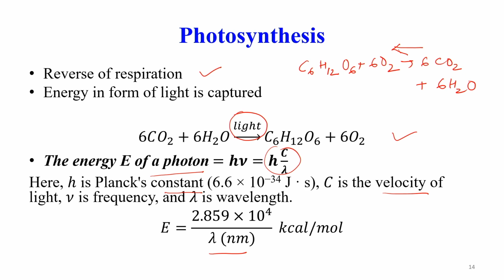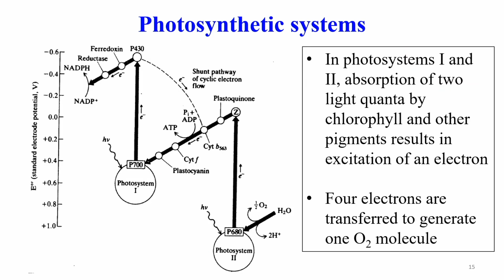Now, in photosynthesis, as I told, it requires energy. So, let us see how much energy it requires. If you remember the photosynthesis system, it has photosystem 1 and photosystem 2, and in both, absorption of 2 light quanta by chlorophyll and other pigments results in the excitation of 1 electron.